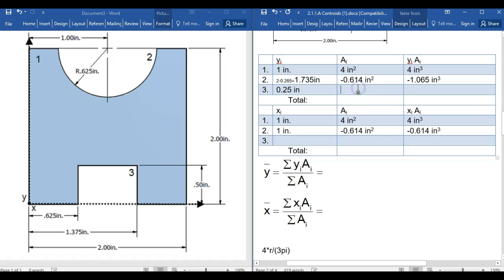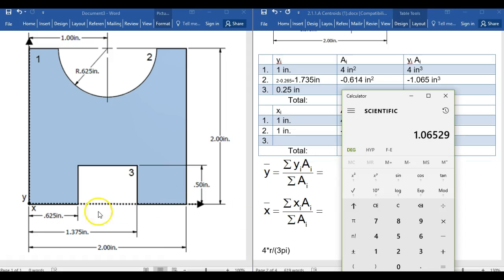The area of this, we have to multiply our length times our width. So we need to figure out exactly what our width is. If you notice, from x equals 0 to this side is 1.375, and from x equals 0 to the left side is 0.625. So the difference in those two will give us the width of that box. So we have 1.375 minus 0.625.